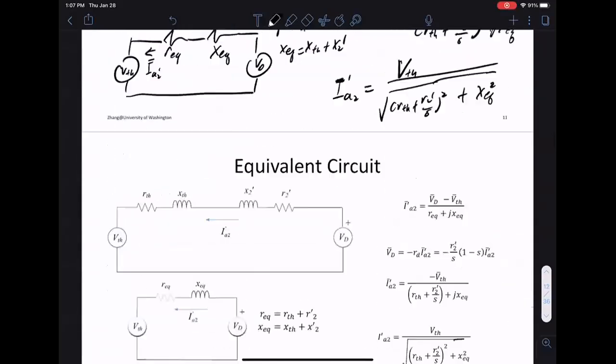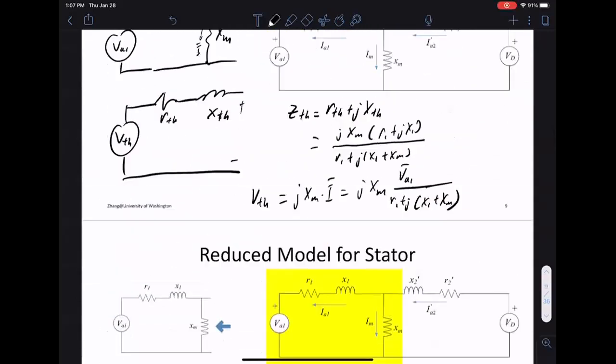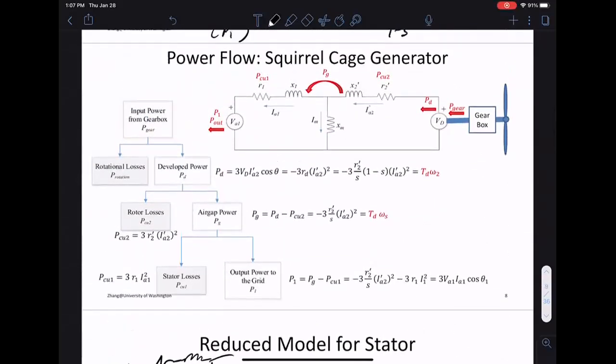Because if you look at power, where did power go? If you look at all these power equations, S is a part of these equations. So you have a slip. We know that slip being 0 means that you're not generating power, so you need slip to be negative to generate some power.